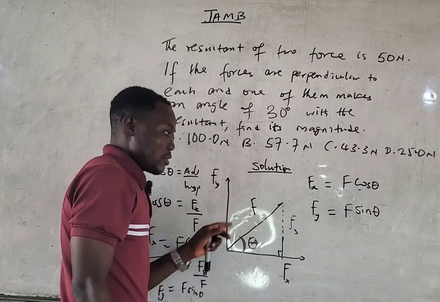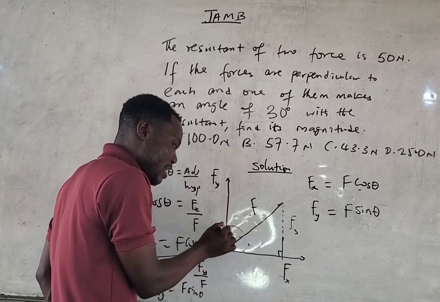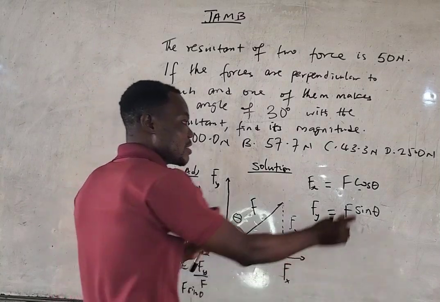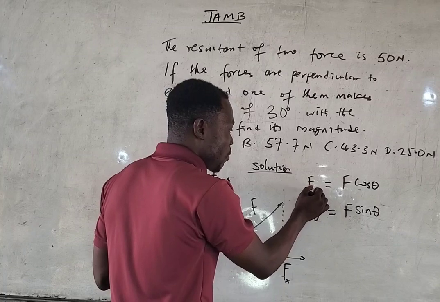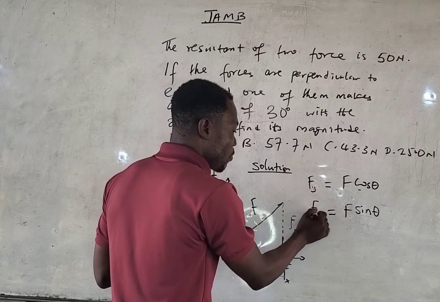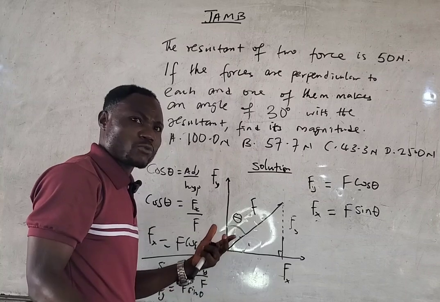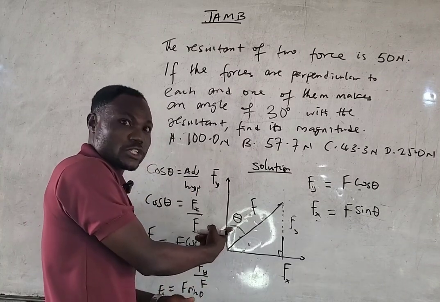Sine. So if I shift this angle to this side such that the angle is made with the vertical component, then this will be interchanged. Here will have to be our Fy. And here will become what? The horizontal component. So they will have to switch position if the angle switches position.